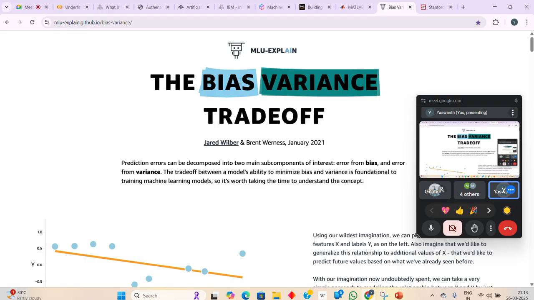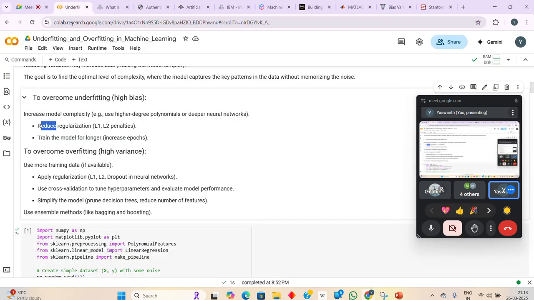What if I have training accuracy less? High bias means training accuracy is less, right? Error and accuracy are inversely proportional. Always remember, if you have less error, you will get a more accurate model.